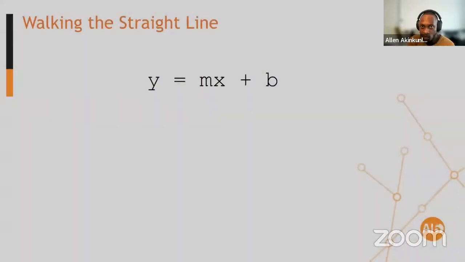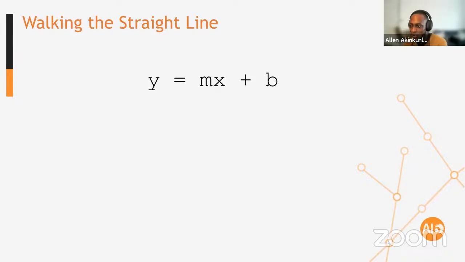So, walking the straight line. This equation should be very familiar to everyone. I'm very sure for some people it's triggering them, taking them back to secondary school when in math class you were first introduced to y equals mx plus b. Some say y equals mx plus c, whichever one.